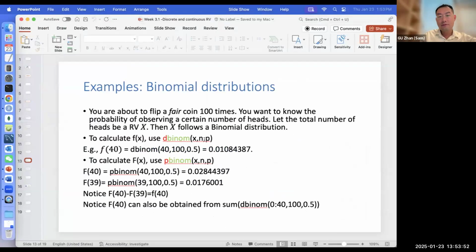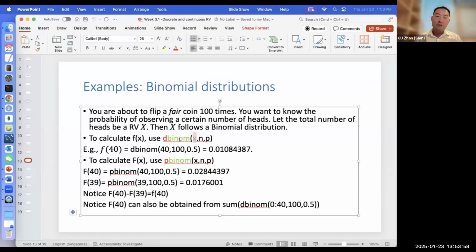To calculate f(x), use the binom with x, n and p. x is the value of x, which is 40. Then n is the size of 100, and p, the probability of heads, is 0.5. Okay, f(x), small f, is the probability mass function for a discrete random variable.